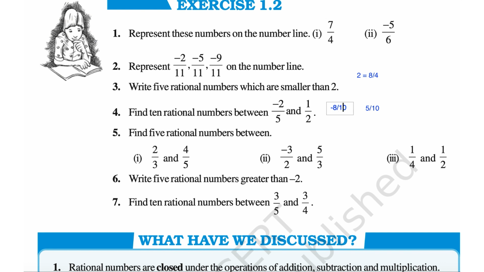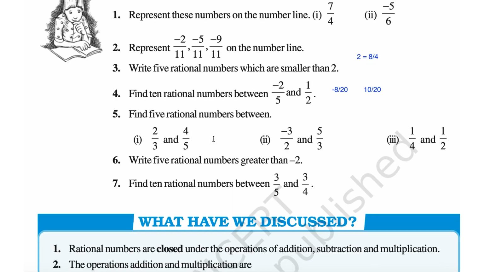Minus 8 by 20, and this can be written as 10 by 20. Almost 17 rational numbers you will get by this method. Name any 10 out of them: minus 7 by 20, minus 6 by 20, minus 5 by 20, minus 4 by 20, like that.